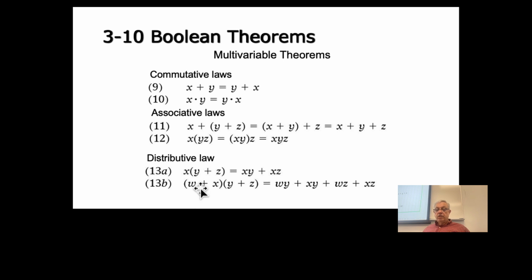We can spread it out into four terms, W or X ANDed against Y or Z: W and Y, or W and Z, or X and Y, or X and Z. There's multiply out terms that we learned years ago.